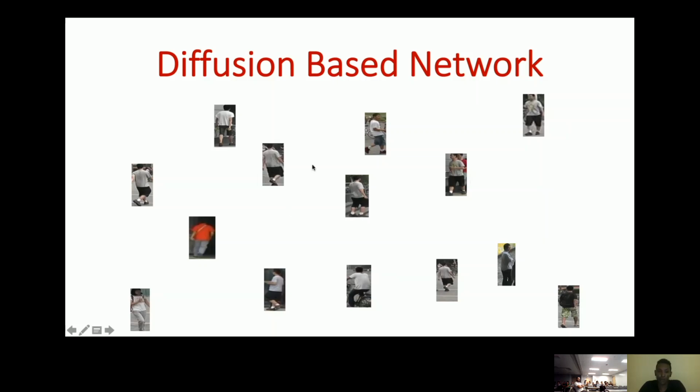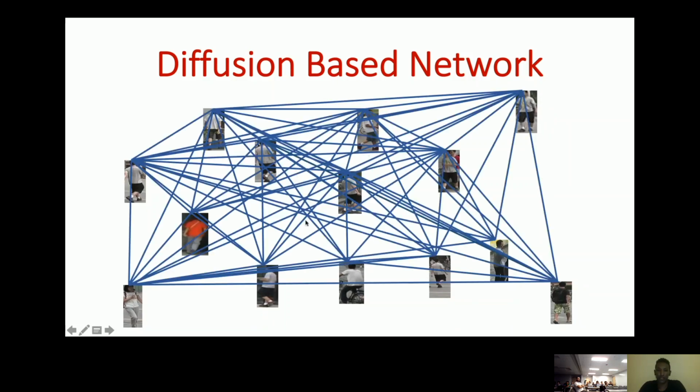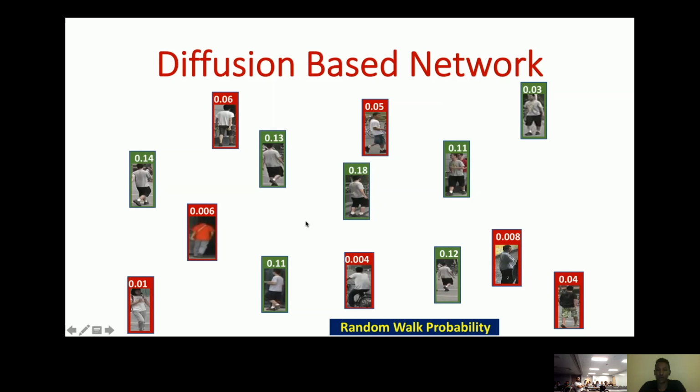In this case, instead of using 2 images or 3 images or 4 images as in the previous methods, we consider the entire set of person images to compute the relative weight. To do so, we first build the graph and then apply the random walk method to find the random walk probability of each person image, and we do the optimization process in between the learning until we find the perfect random walk probability of each person image.